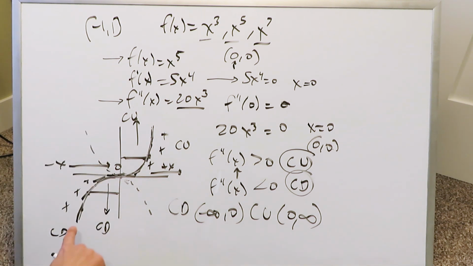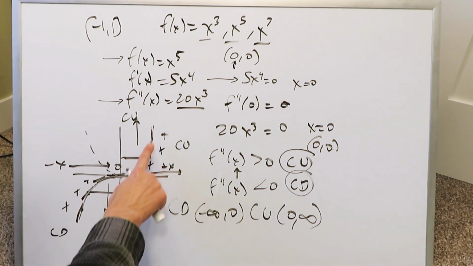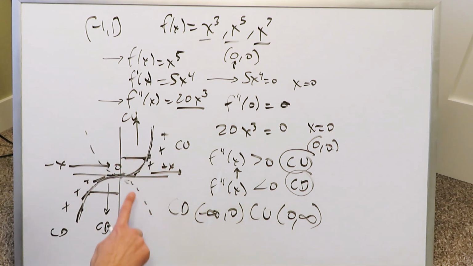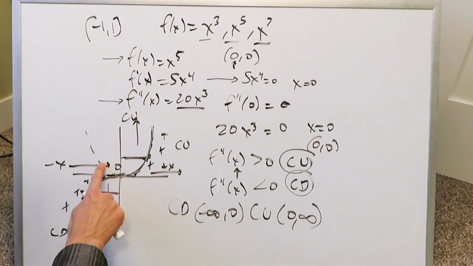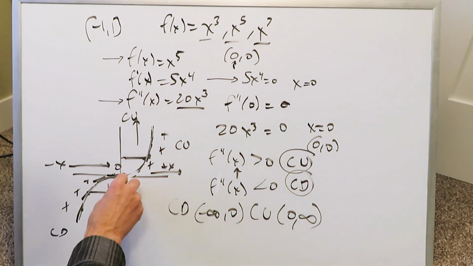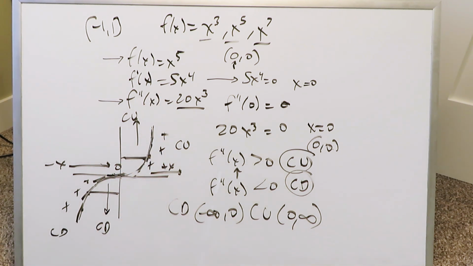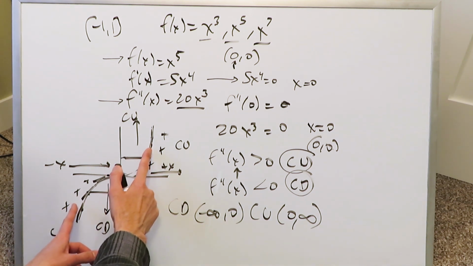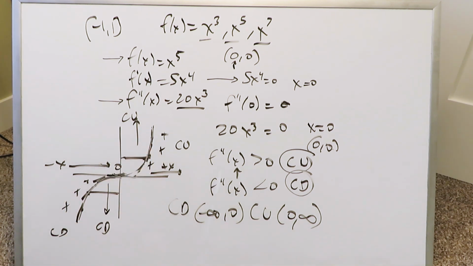In this instance right here, you'd have a local maximum. Here you'd have a local minimum, but you don't see that, because for these types of functions your curve crosses over its horizontal tangent and goes upwards, and you lose that ability to generate a local extreme value. But you do retain from the endpoints the ability to have an absolute extreme value, your absolute maximum, your absolute minimum.